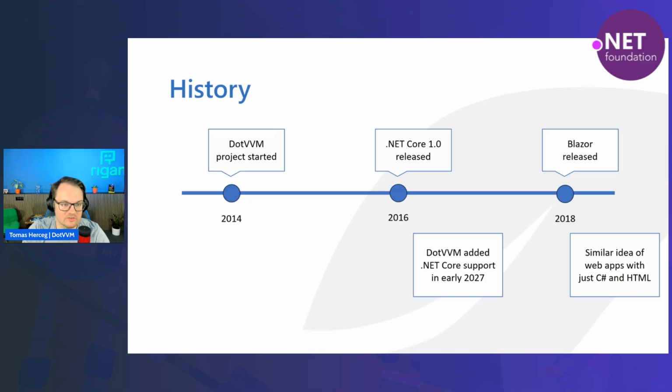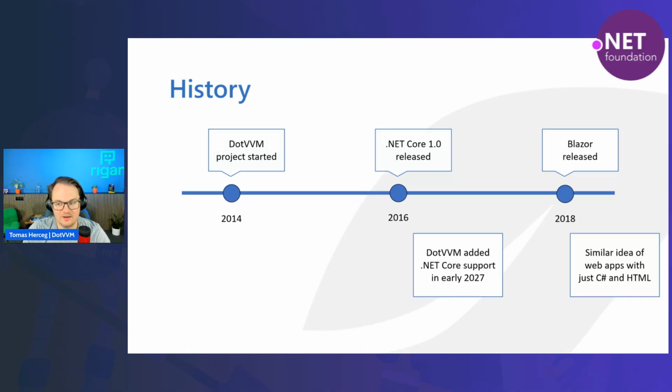But since we already supported .NET Framework, we kept this support as well. So we have two NuGet packages. One is .vvm.owin, which still works with .NET Framework, and the new is .vvm.ASP.NET Core. And the framework, the syntax, everything is the same, just the integration layer is different based on which platform you use.